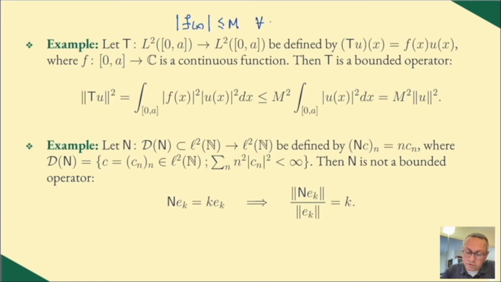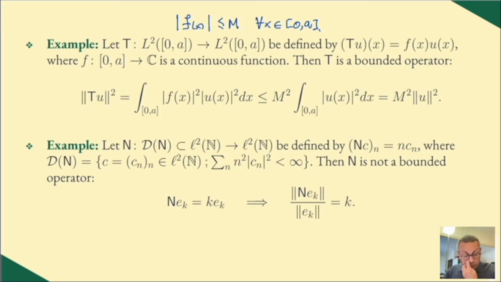This is valid for any x in the interval. So in order to show that it's bounded, you just basically have to use this. You write down the norm square of Tu, which is equal to this integral. Here you bound this term by M square, and then you're left with the norm square of u. And this shows that T is bounded.